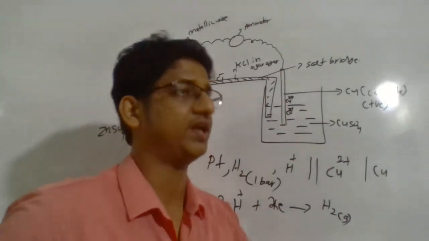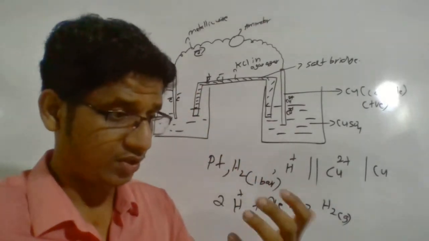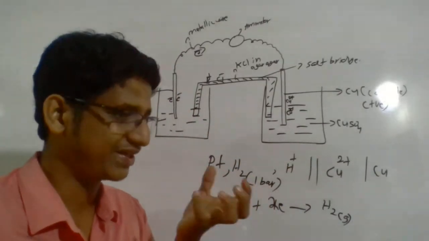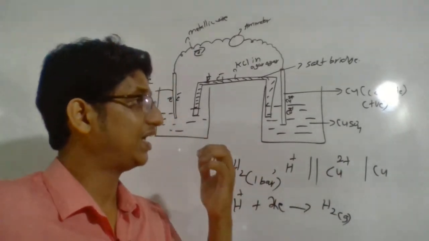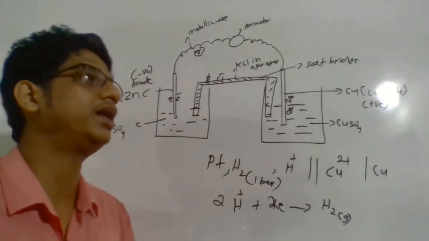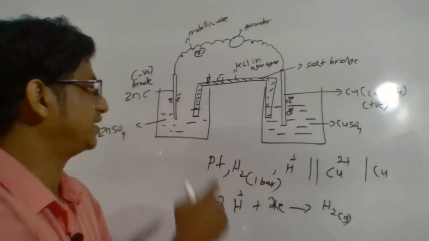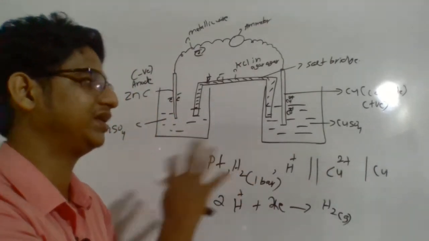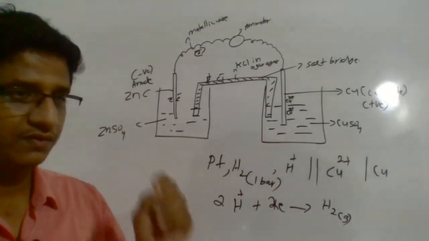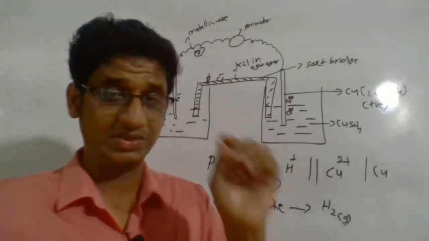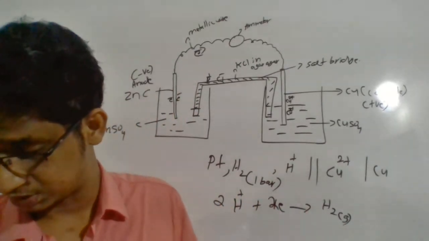Because of that potential difference, excess charge will be there, which normally we don't expect, and it will make the measurement incorrect. So the salt bridge works to avoid liquid junction potential developing. As I said, it doesn't allow excess charge to develop in the two electrolytes. So the salt bridge functions to prevent the liquid junction potential. You will understand more in the later part what liquid junction potential is all about.